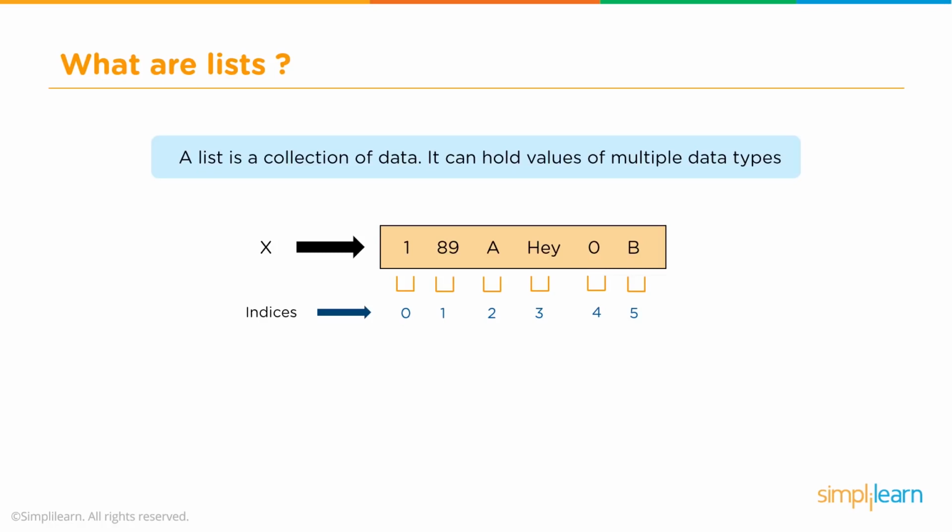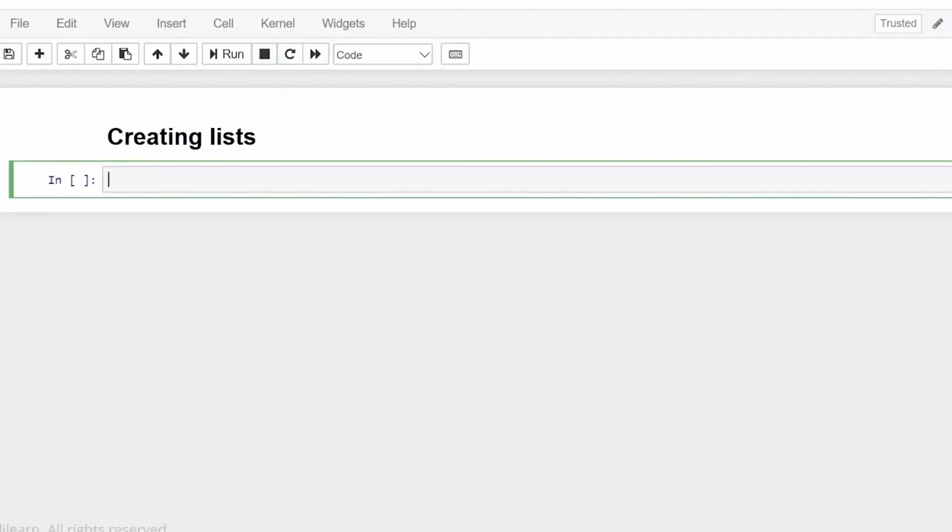So now that you know what a list is, let's move on to how you can create a list. So this is my Jupyter notebook, and we'll start by creating the most basic list, which is an integer list. So my list name would be num, and then open square brackets, and within this just put in your numbers separated by commas.